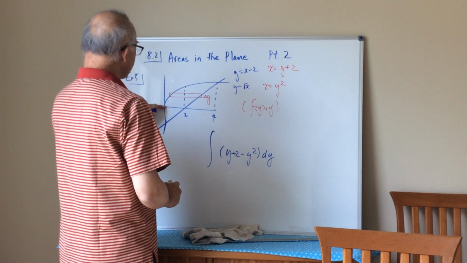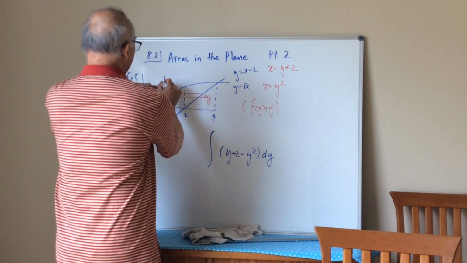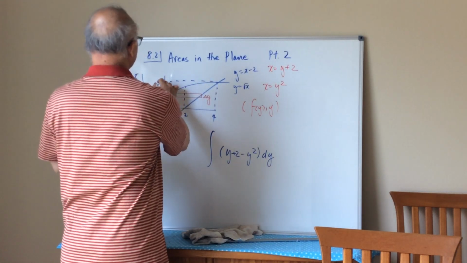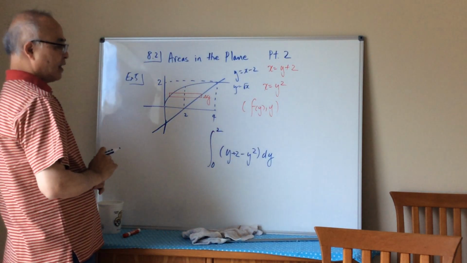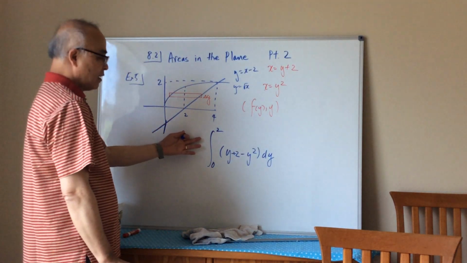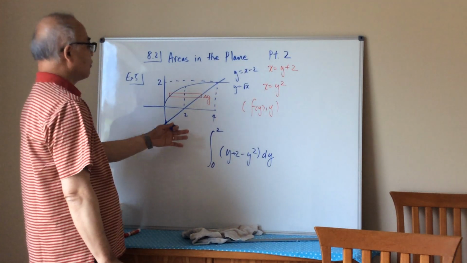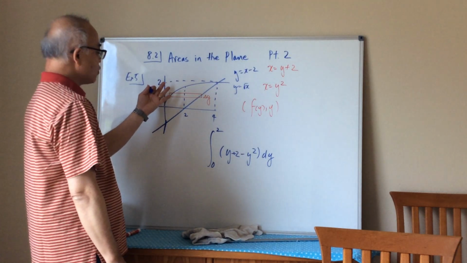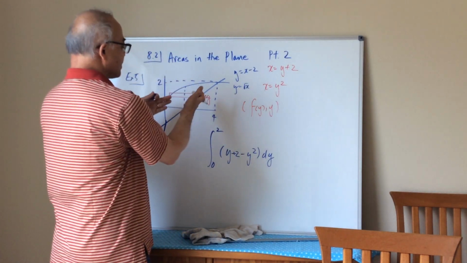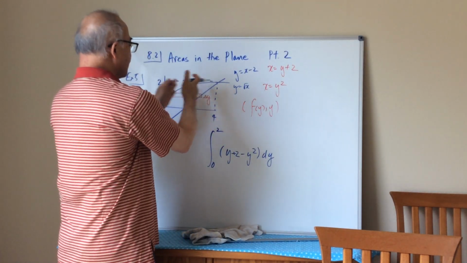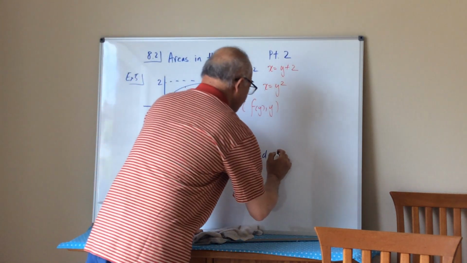Y is from 0 up to 2. So I'm going to go from 0 to 2. As you can see, it is simpler compared to the one before, because I don't have to divide it into two different spaces. There were two different regions.